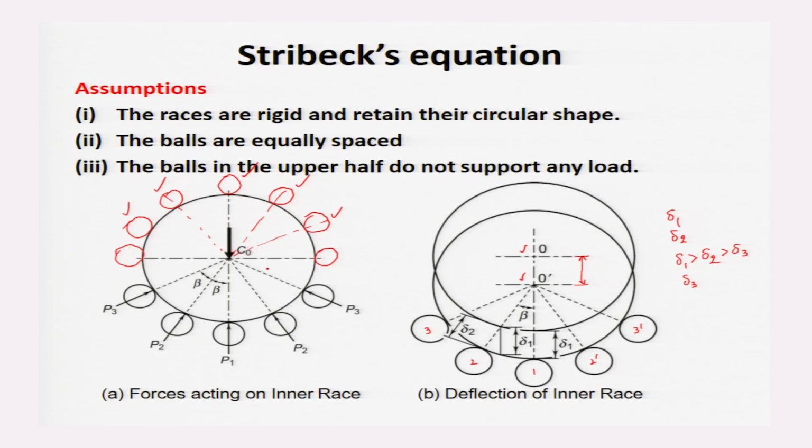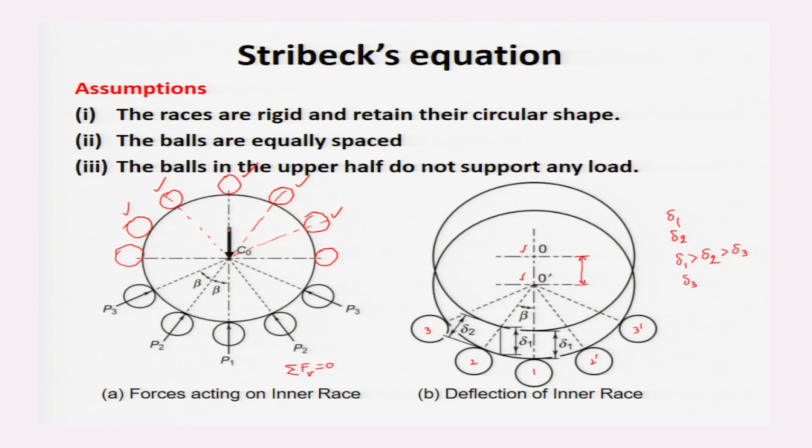So, you can find the component of forces in the vertical direction and the downward direction C0 by applying summation of all forces in the vertical direction is equal to 0.